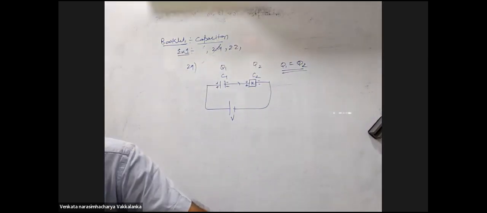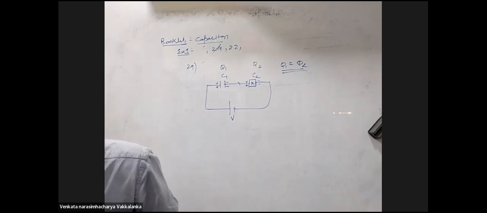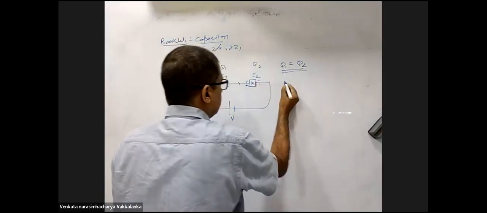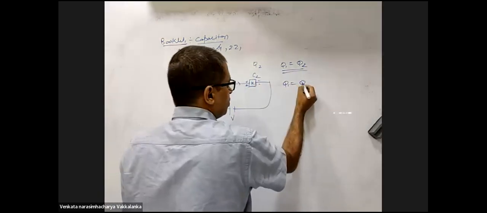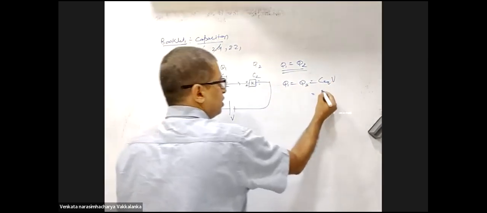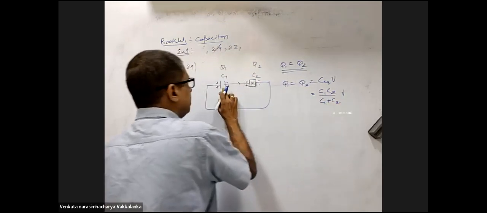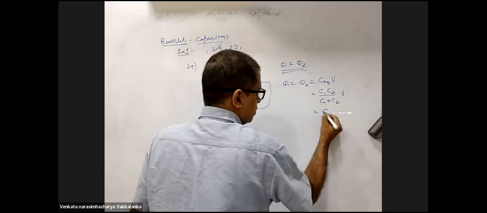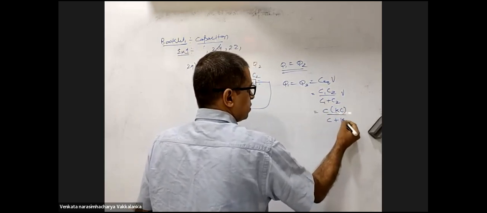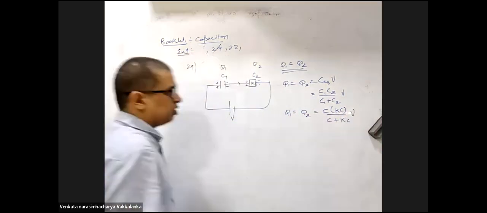Now the dielectric slab is removed and the corresponding charges are Q1 dash and Q2 dash. Now again, Q1 is equal to Q2 is equal to C equivalent into V. What is C equivalent? C1 C2 divided by C1 plus C2 into V. If this is C and this is K times C, then C equivalent is KC divided by C plus KC, into V.